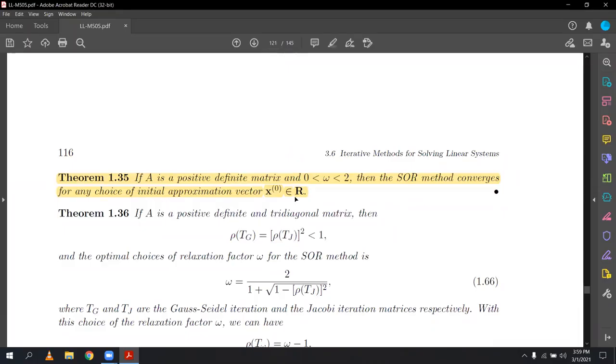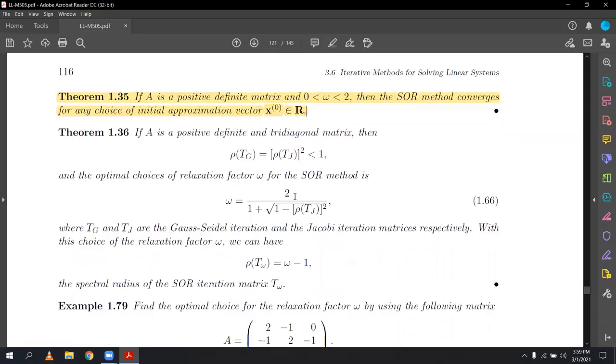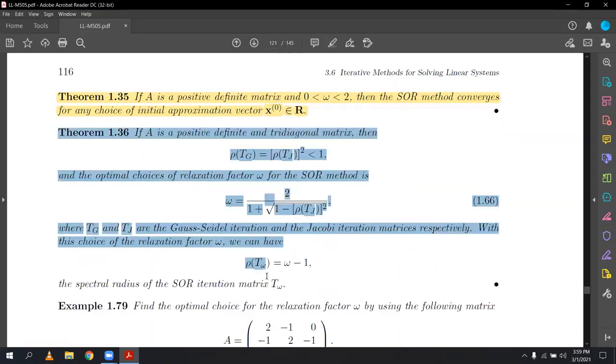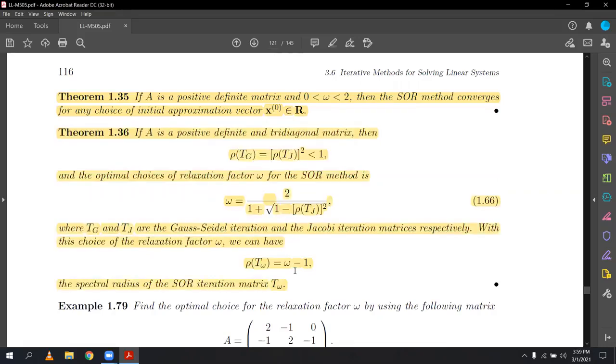But the theorem we are most interested in, which is very good from the examination point of view, is theorem 1.36. This is the best theorem we have here, and it will help a lot with the problems given in the exam.